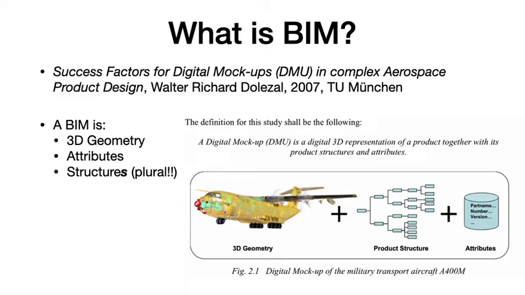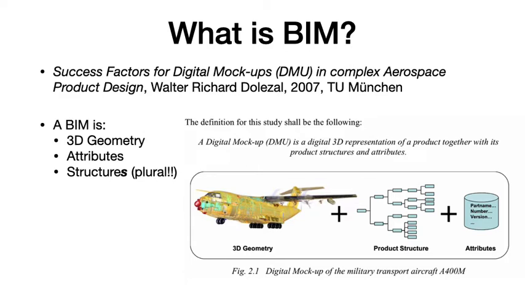And he said that a digital mock-up, which is their phrase for building information model, is a 3D representation of a project, so 3D geometry, along with its product structures and a bunch of attributes. And so as I look at that, I take that to BIM and I say, okay, BIM is 3D geometry with attributes attached to that 3D geometry and a number of organizations, of structures of that geometry.